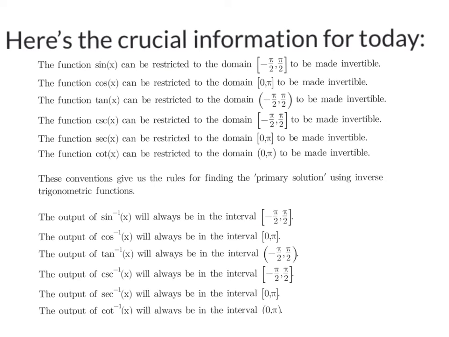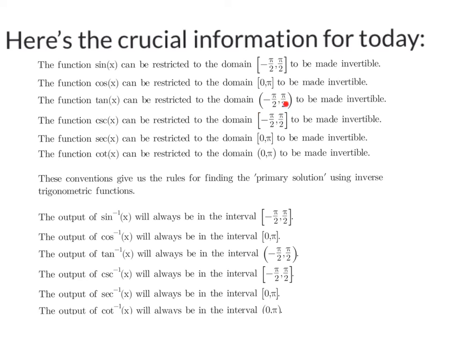And here's the crucial information for today. The sine graph was restricted to negative pi over 2 to pi over 2, inclusive. The cosine graph gets restricted to the interval 0 to pi to be made invertible. The tangent function gets restricted to negative pi over 2 to pi over 2 to be made invertible.